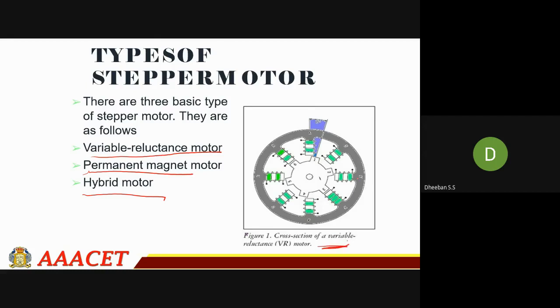It is more or less similar to an induction motor, but you can see the variation in the number of poles at the stator as well as at the rotor. Throughout the operation the reluctance value keeps changing, and the rotation of the rotor depends on the reluctance value.